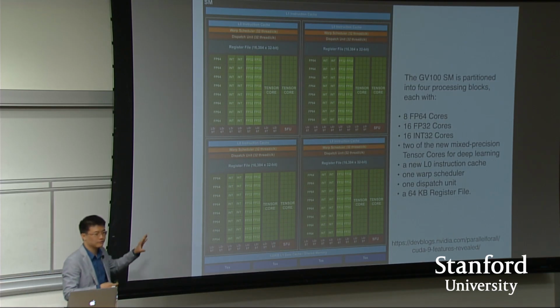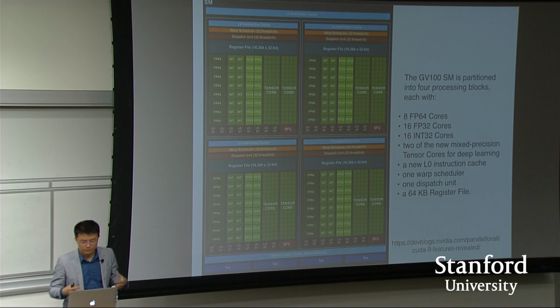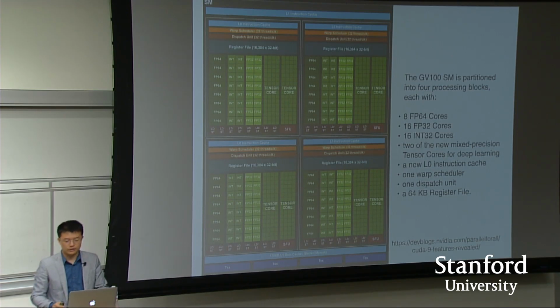So this figure gives roughly an idea of what a Tensor Core is, what an integer unit is, and what a floating point unit is. This whole figure is a single SM, streaming multiprocessor. The SM is partitioned into 4 processing blocks, 1, 2, 3, 4, right?